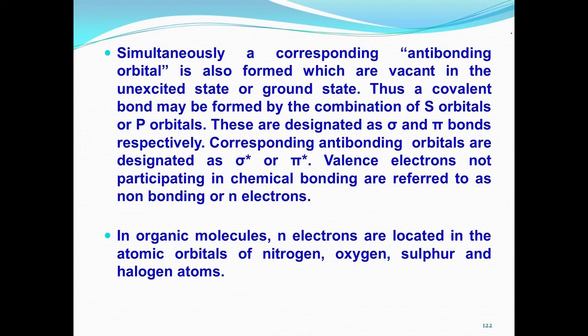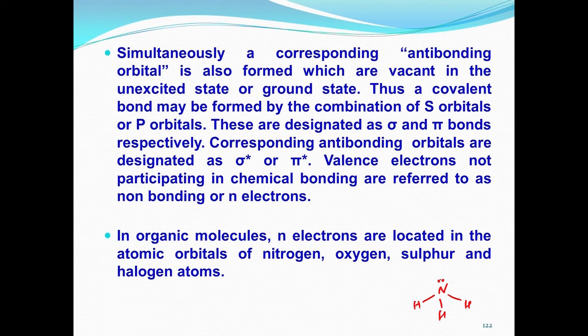Sometimes what happens is, if you imagine a structure like ammonia, this is nitrogen, this is hydrogen, there is bond formation, but nitrogen has 2 extra electrons which are not involved in bond formation.